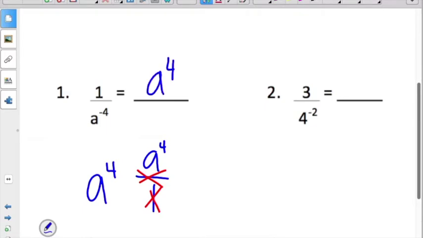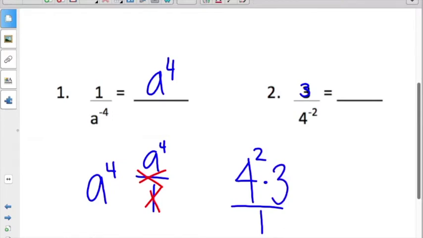For number 2, our negative exponent is 4 to the negative 2nd power. We're going to remove the negative, and it's going to go to the numerator where we already have a number. We already have a 3 in our numerator, so we need to keep that there. Again, since there's only a 1 in the denominator, we don't need the 1 or the fraction bar.